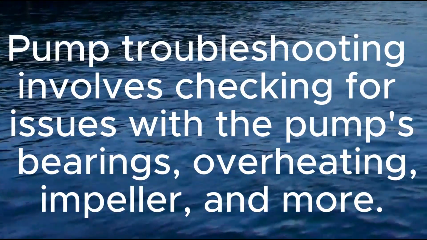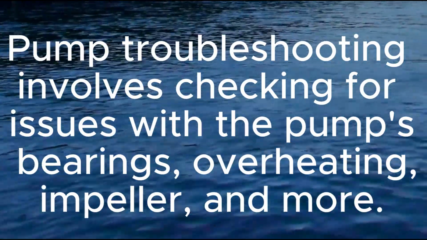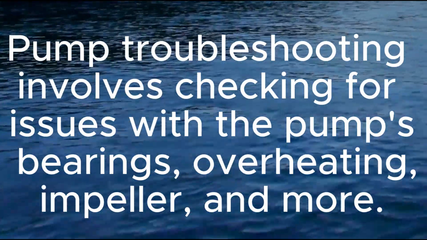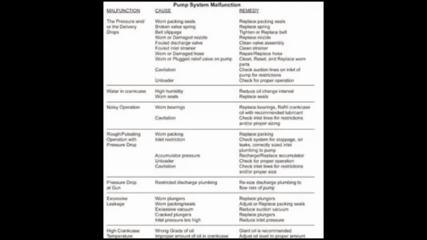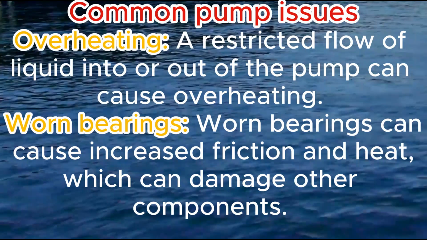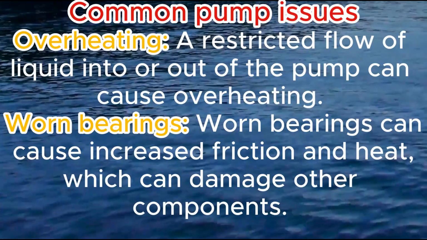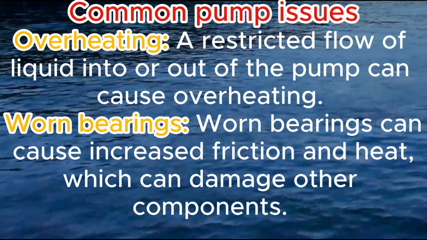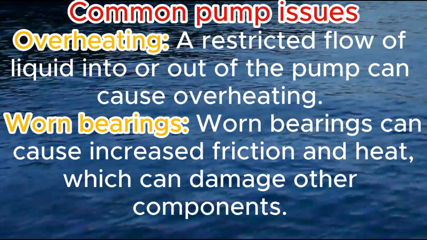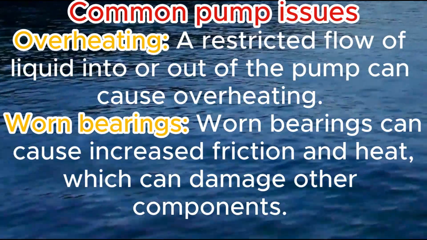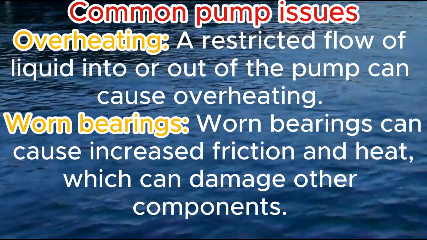Troubleshooting. Pump troubleshooting involves checking for issues with the pump's bearings, overheating, impeller, and more. Common pump issues. Overheating. A restricted flow of liquid into or out of the pump can cause overheating. Worn bearings. Worn bearings can cause increased friction and heat, which can damage other components.